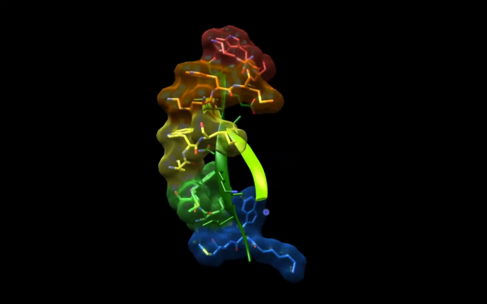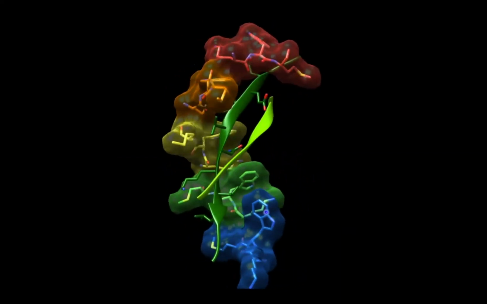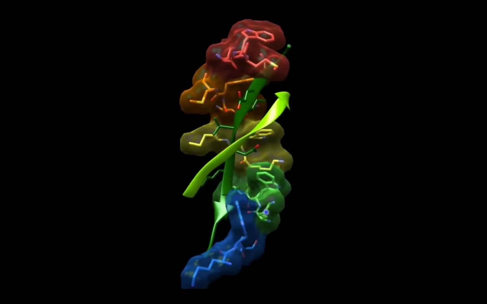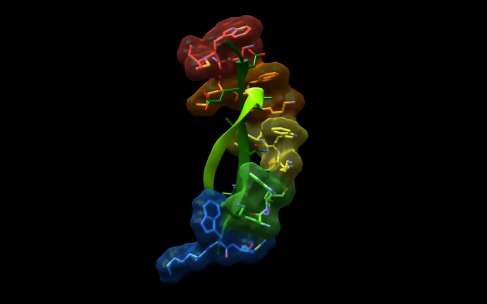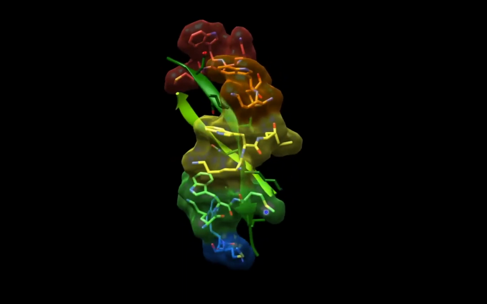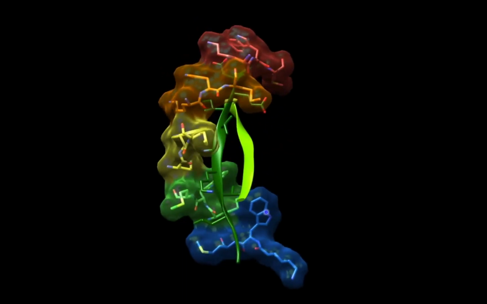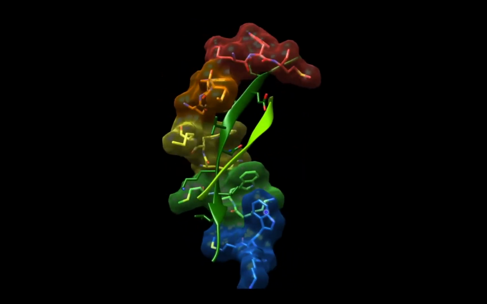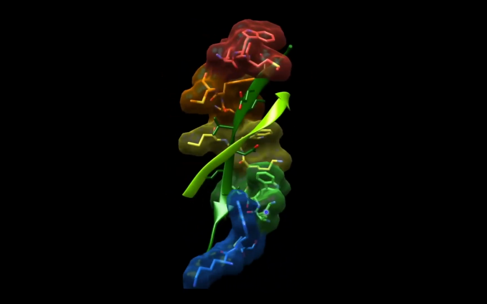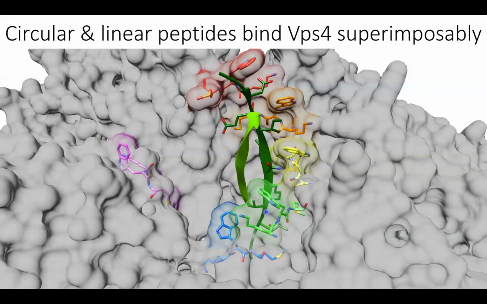The other strand, the returning strand in light green, which has less good density, is not making any contacts with VPS4 really at all. Because of the beta strand symmetry, it's binding to the primary strand, but it is as far away from VPS4 as is possible while still going through the middle of the enzyme, as if it's a passenger just along for the ride.